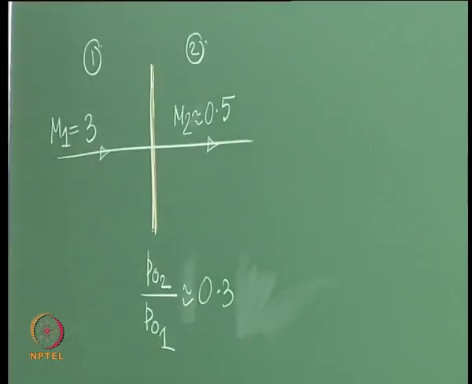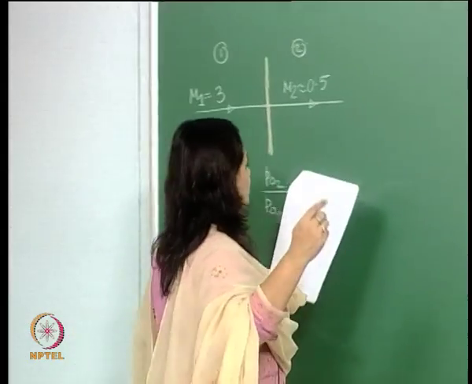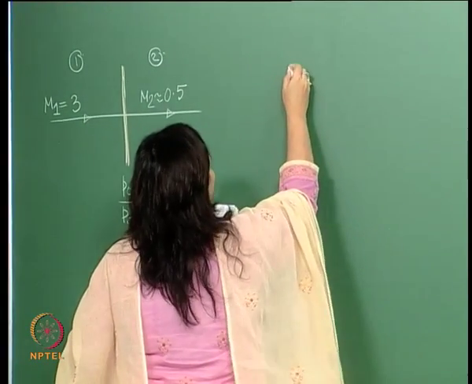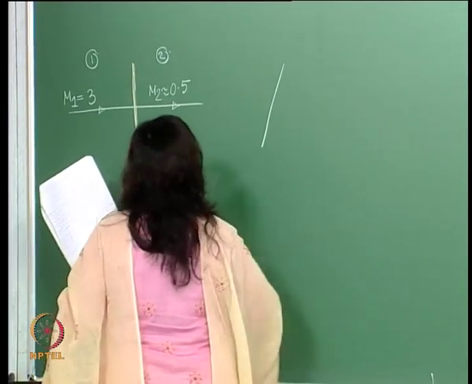So this is what we got, just passing the flow through a normal shock. Now the next thing we did was we passed it through a combination of oblique and normal shocks. First we had an oblique shock.